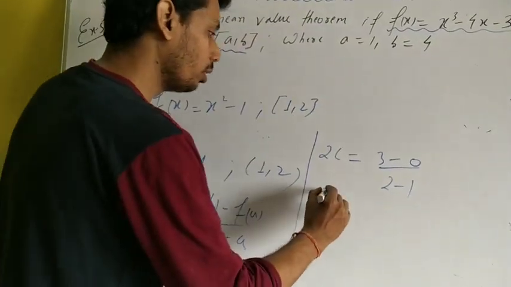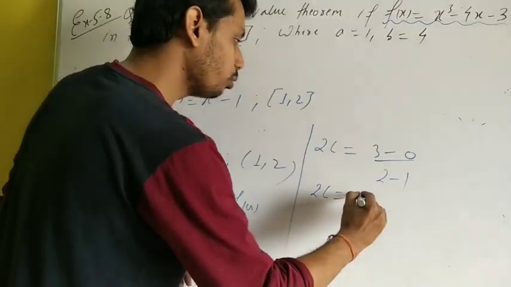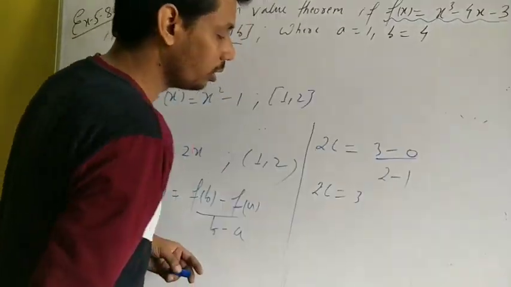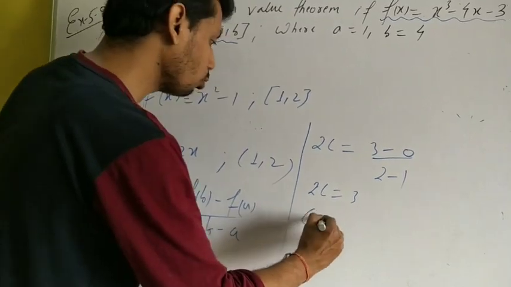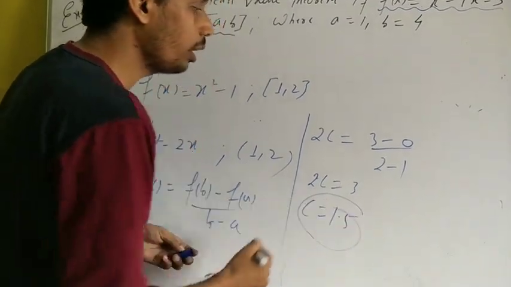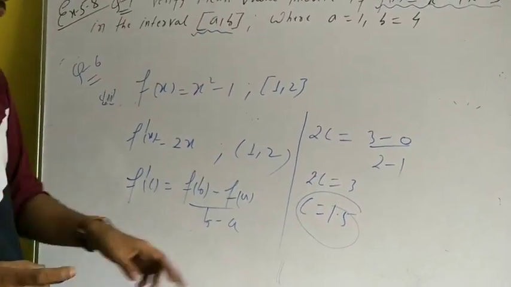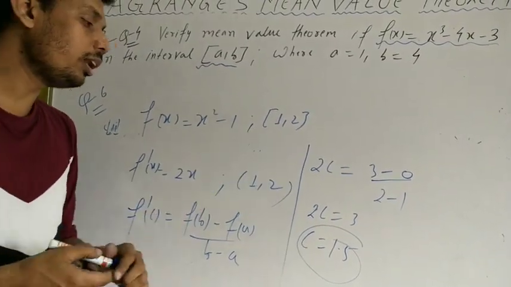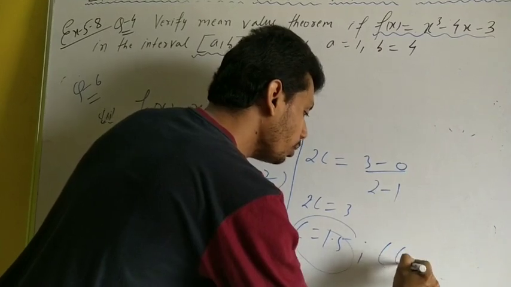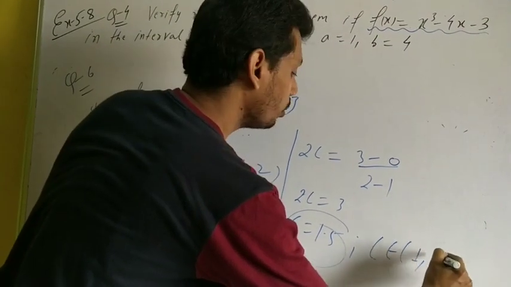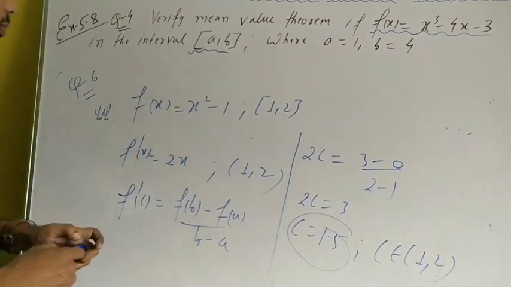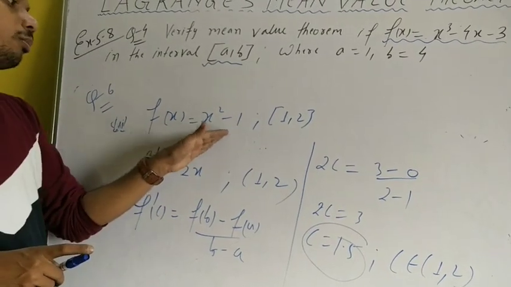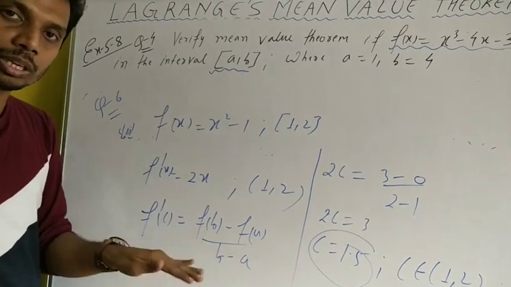So 2c is equal to 3, or c is equal to 1.5. So the value of c which we have calculated belongs to the open interval. Here c belongs to the open interval 1 comma 2. So the given function f of x is equal to x square minus 1 holds Lagrange's mean value theorem.